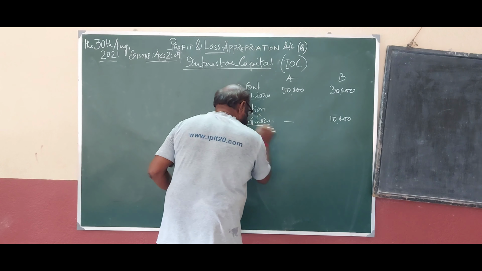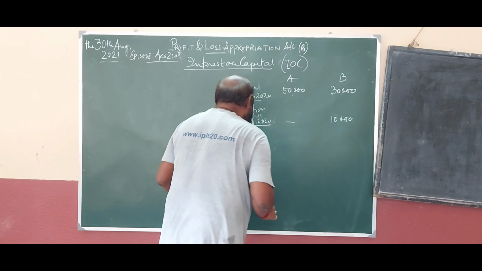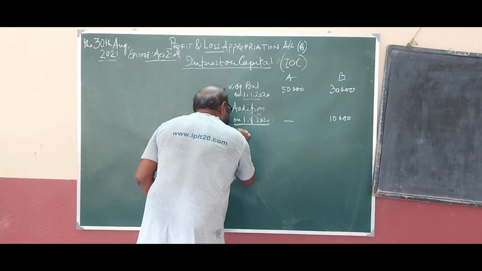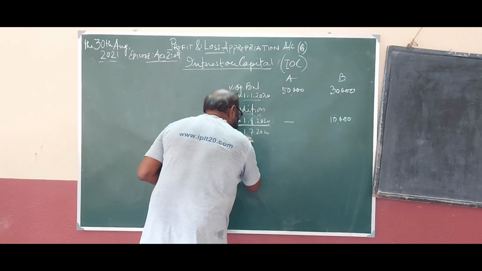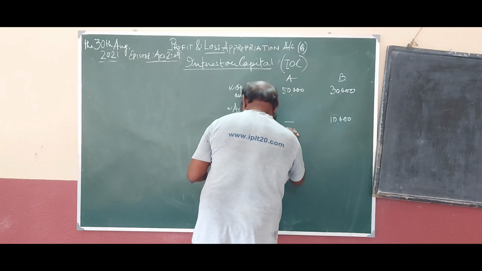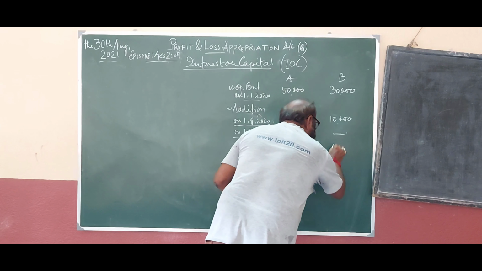Okay, please take care of this account. A, on 1/7/2020, it is rupees 20,000. And on 1/10/2020, both A 8,000 and B 6,000.